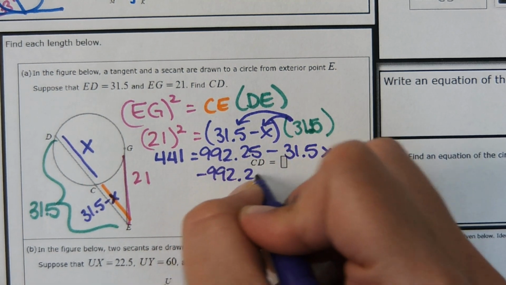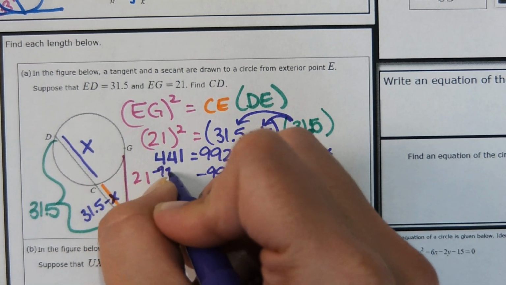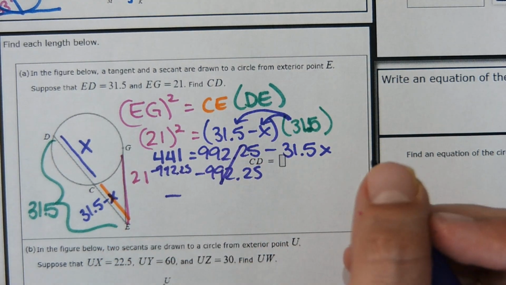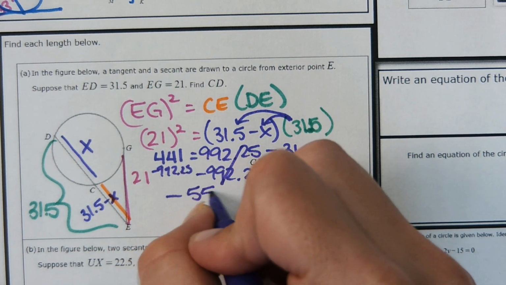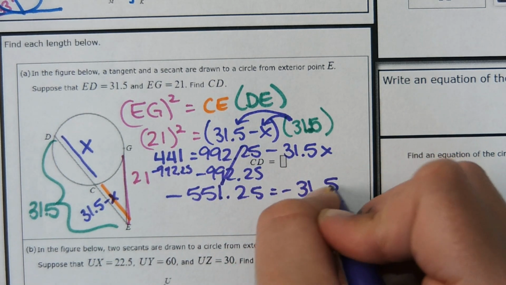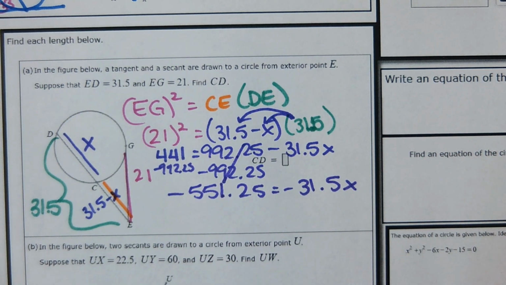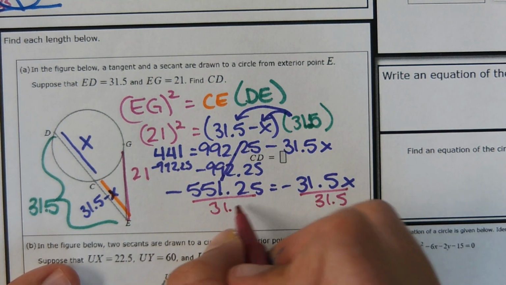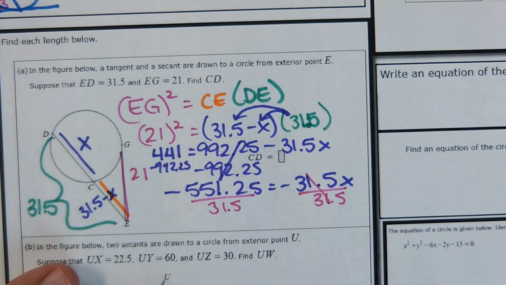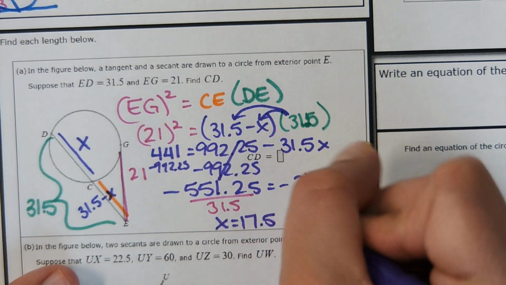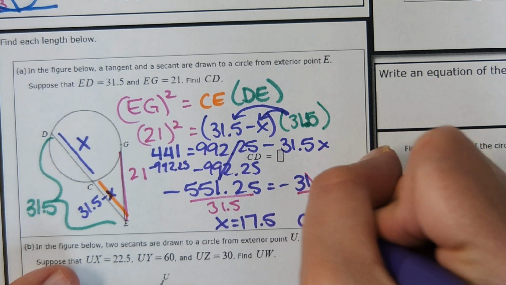Subtract 992.25. We get negative 551.25 equals negative 31.5x. Divide by 31.5, divide by 31.5. X equals 17.5. So the length of CD is 17.5.